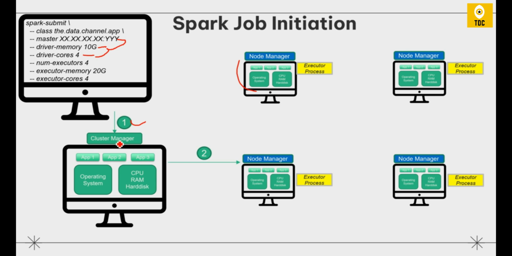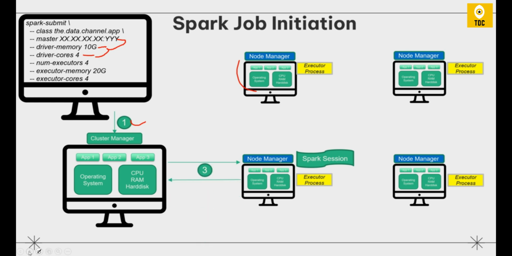And then this particular cluster manager gives this job to the node manager of the child nodes. And these child nodes, as a second step, take that job and start analyzing what exactly is needed for that particular job to execute. So that is step number three.